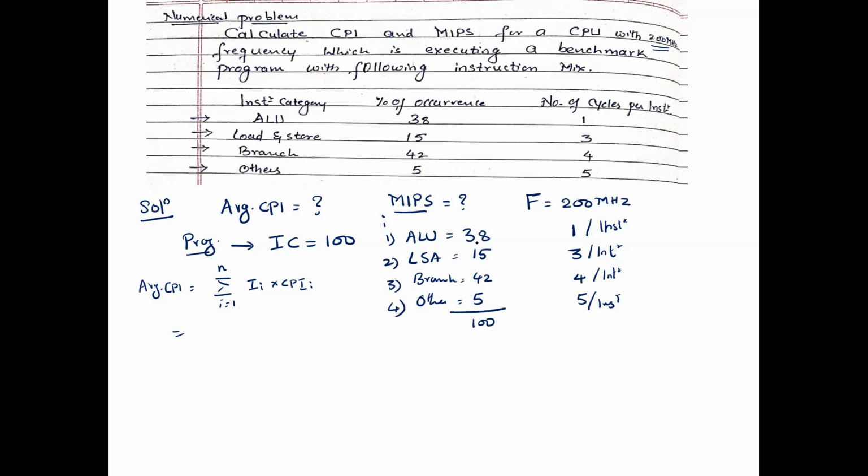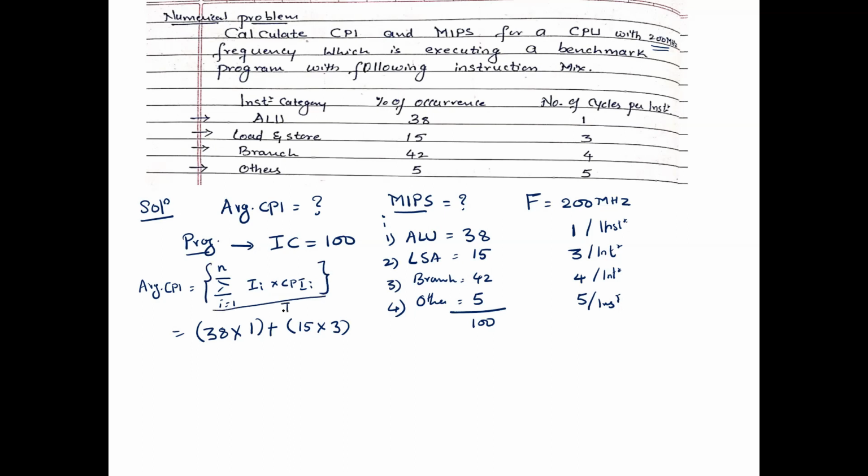Now, how many ALU instructions do we have? 38 such instructions. And what is the number of cycles per instruction it will take? 1. So I will multiply 38 into 1, plus. Now, the second category, load store architecture: how many instructions do we have? 15, multiplied by 3 cycles for each instruction. So plus 15 into 3. What is the formula for average cycles per instruction? Take the sum and divide it by what?